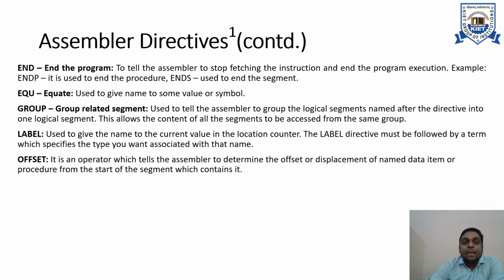Next directive is END. End can be used in two different manners. It is used to specify the end of the program. If we use ENDP, then it shows the end of a procedure. If we use ENDS, then it is used to show the end of a segment.